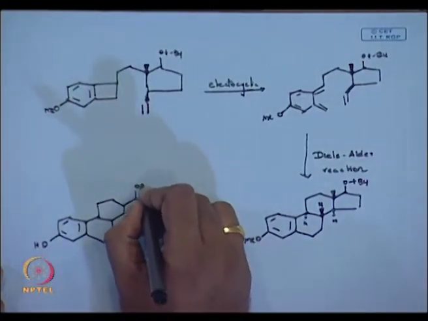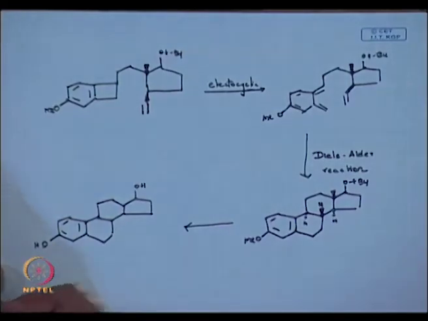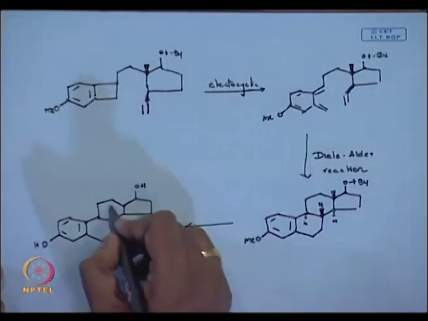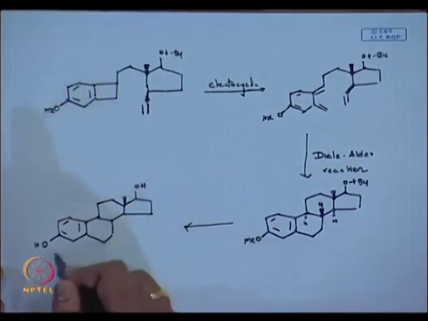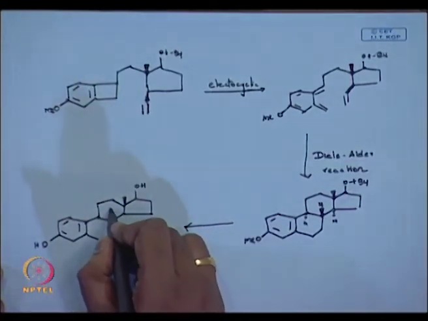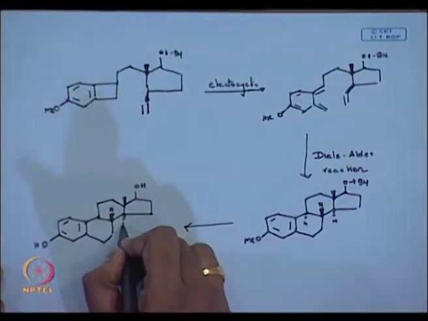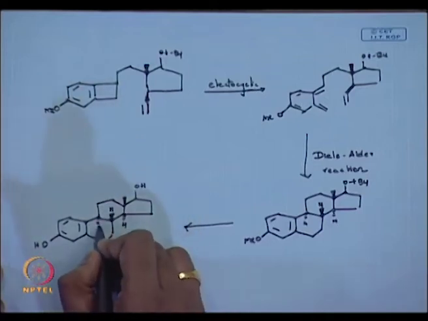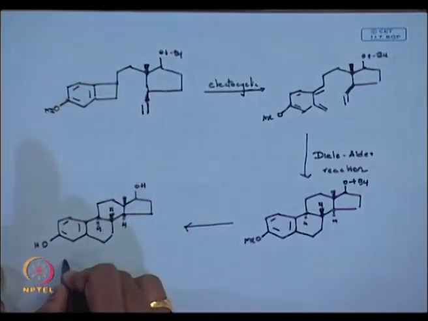So, you can also have this OH here, because you can have a nitrogen. That is why Diels-Alder.